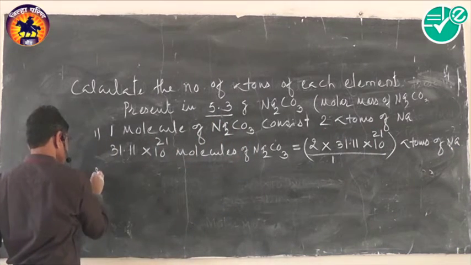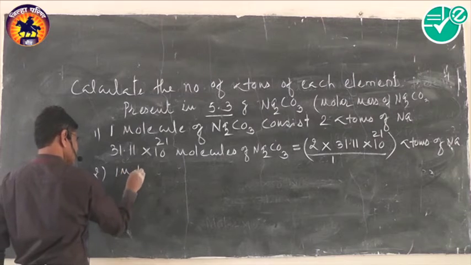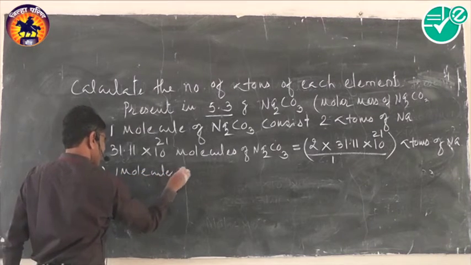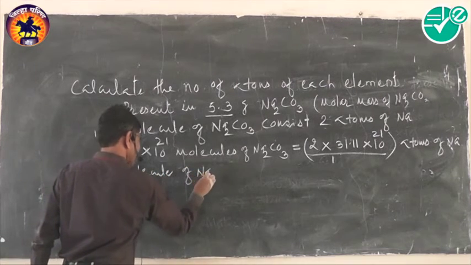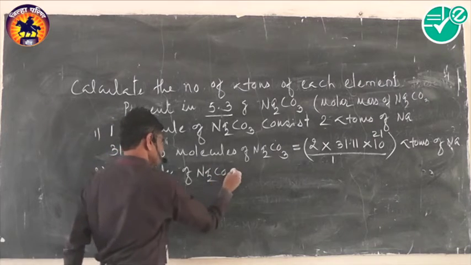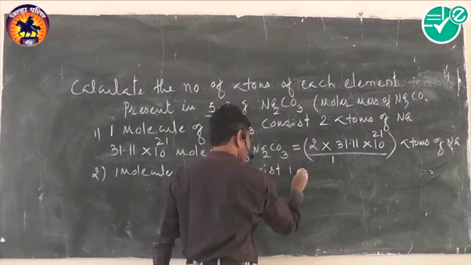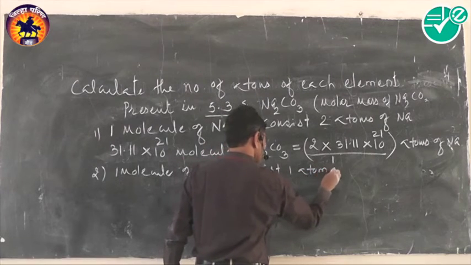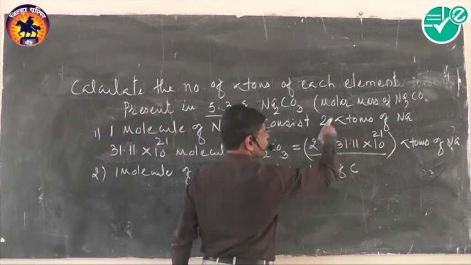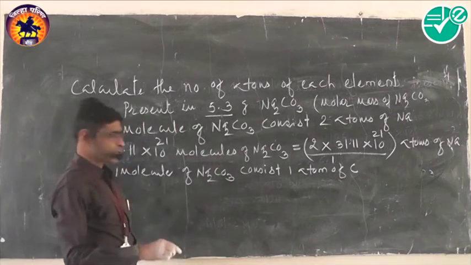Then second, one molecule of sodium carbonate consists of 1 atom of carbon, because the molecular formula is Na2CO3.